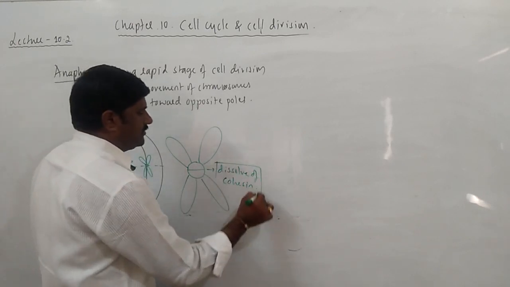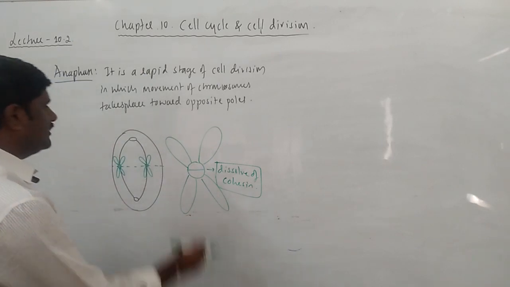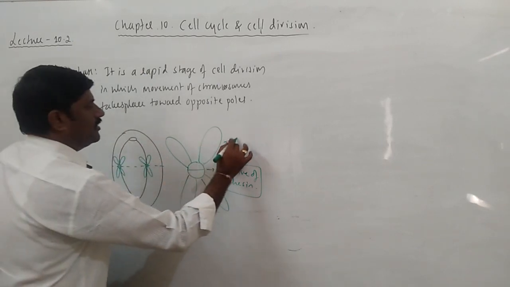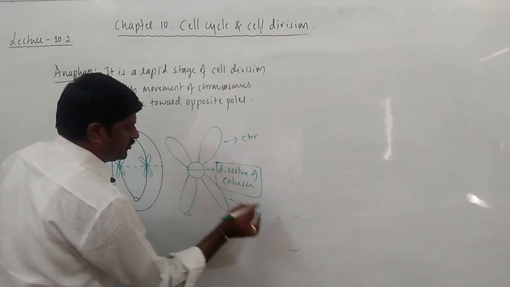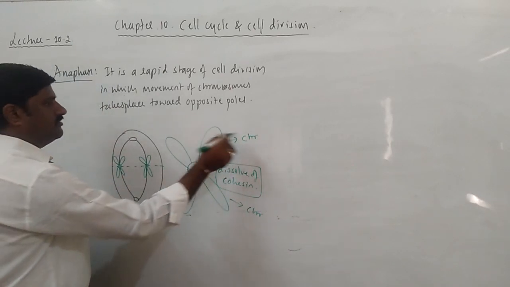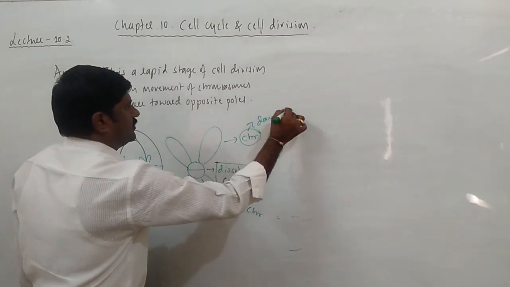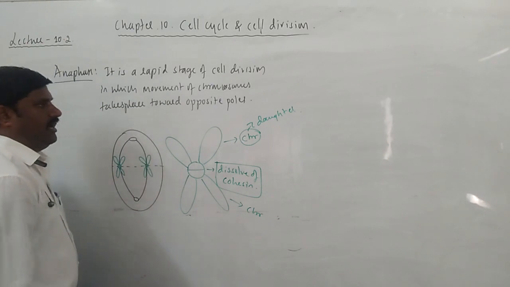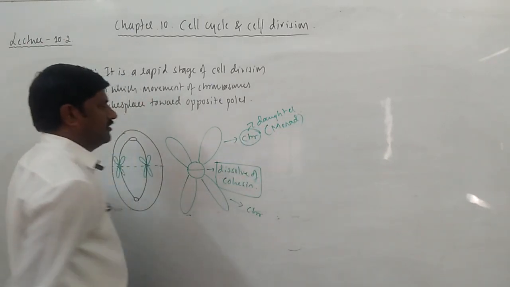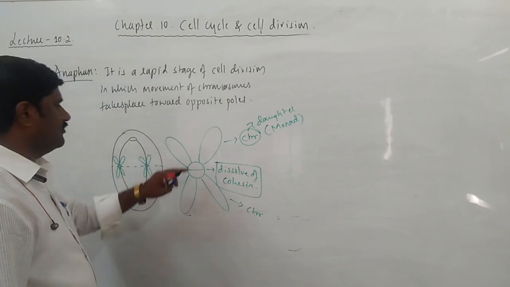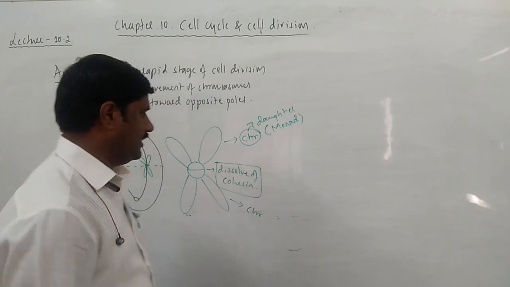When it dissolves, both of them split. This one becomes a separate chromosome and this one becomes a separate chromosome. These chromosomes are said to be daughter chromosomes, and they are called monads, in the sense that each is a chromosome with only one arm.